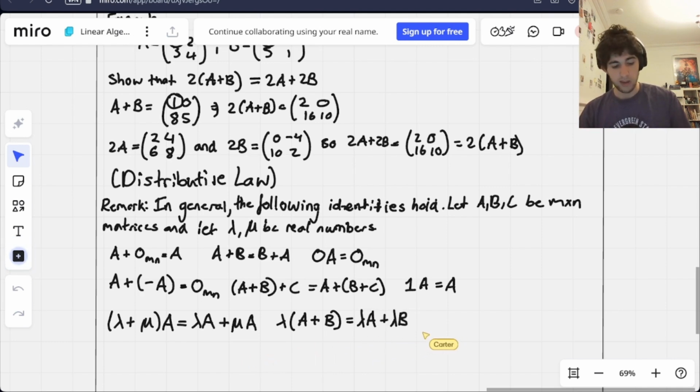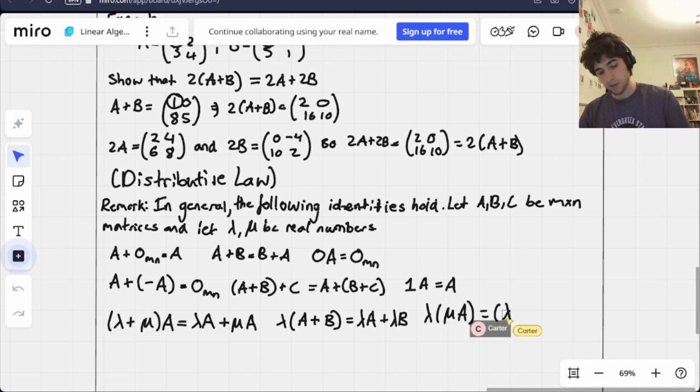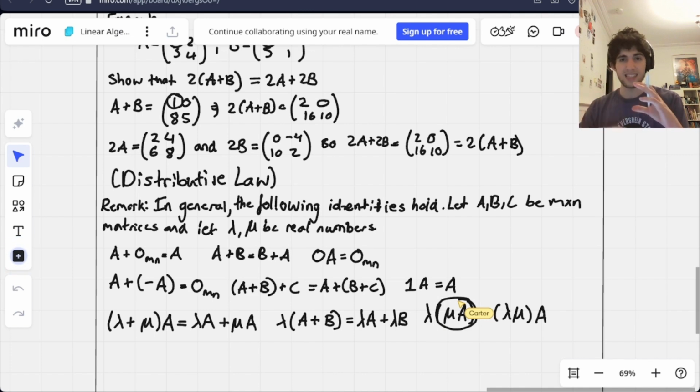The final rule we have is that lambda times mu A is going to be the same as lambda mu times A. So it's another form of associativity, but specifically in this case, effectively scaling up every entry in a matrix by mu and then scaling up by lambda is the same as just scaling everything up all at once by the product mu lambda.